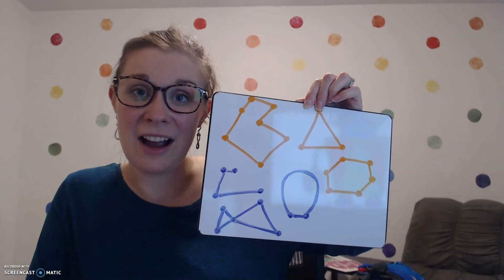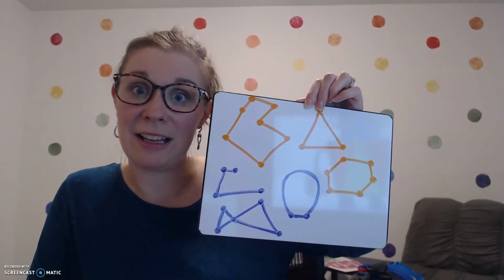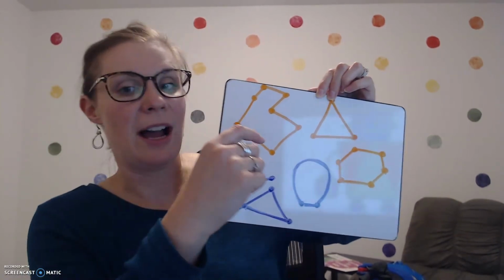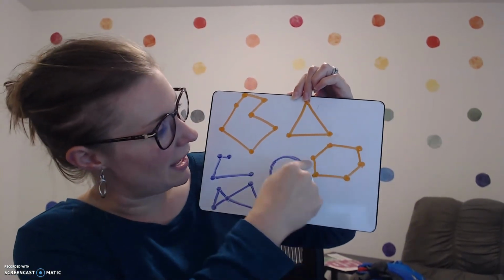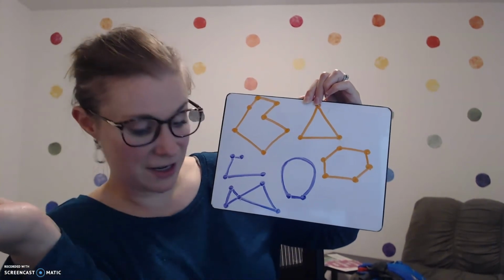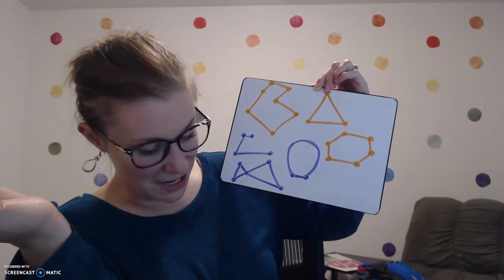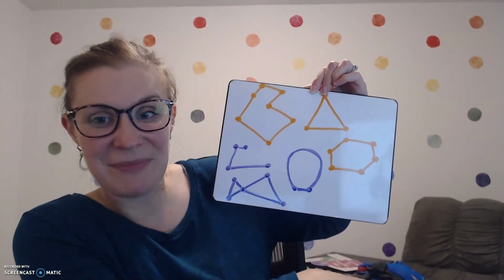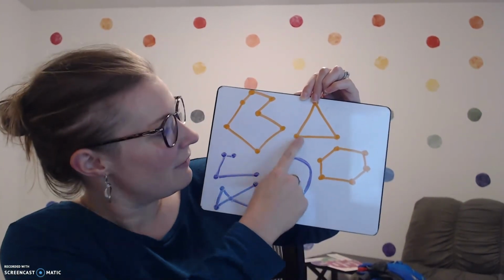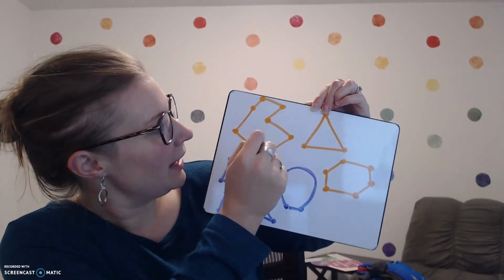Okay, here are the polygons and non-polygons that I came up with. So I drew 1, 2, 3, 4, 5, 6 shaped figure. So it's not quite a hexagon. It's close. My drawing isn't perfect, but that's okay. I have a triangle and then I have an irregular polygon.